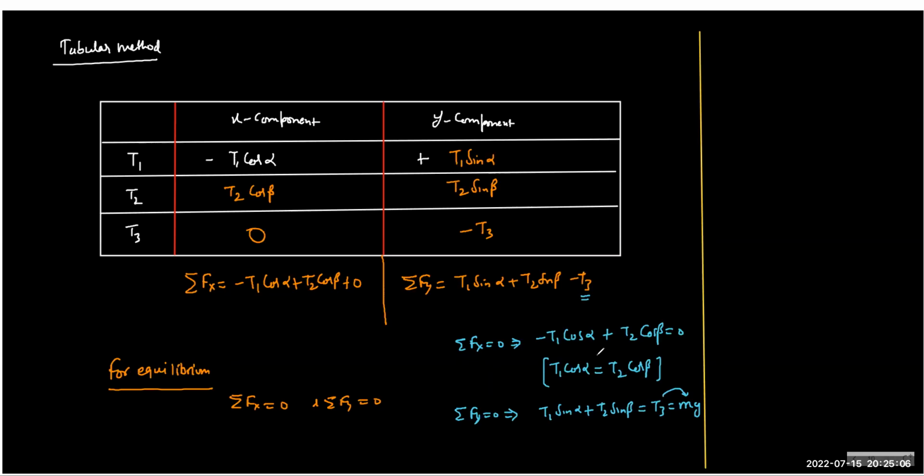So now we have two sets of equations. This is equation 1, this is equation 2. And we have two variables, T1 and T2. Alpha, beta are variables or given values? Known or unknown?